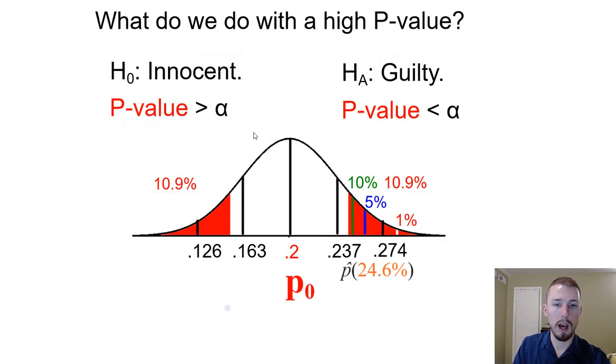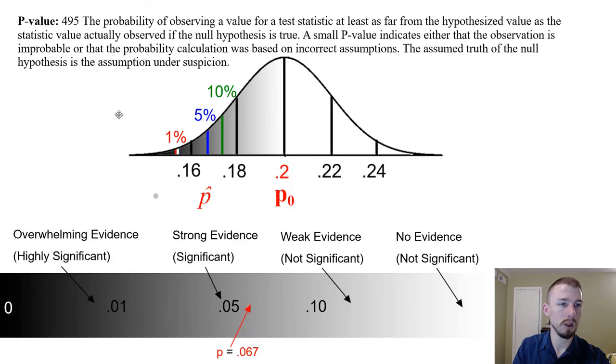All right, so what do we do with the high p-value? We fail to reject the null hypothesis. So the p-value is a conditional probability. It's based on the condition that if the null hypothesis is true, meaning the hypothesized proportion is the actual true proportion, then the probability of observing a sample statistic at or worse than what we observed would be that specific probability, the p-value.